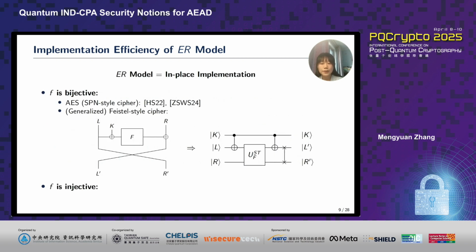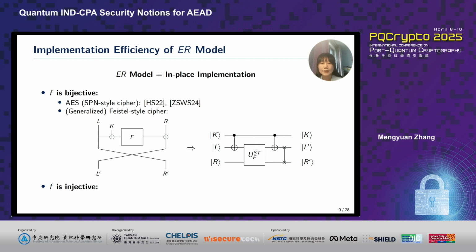The erasing query model actually corresponds to an in-place implementation, and only bijective or injective functions can be realized in this form. Let's first consider a case where F is bijective, which naturally leads us to block ciphers in the context of cryptography.